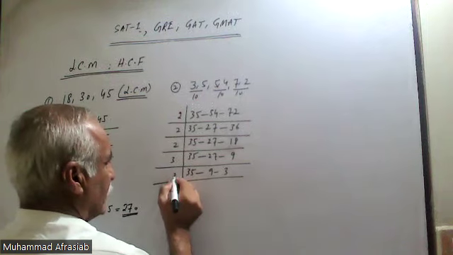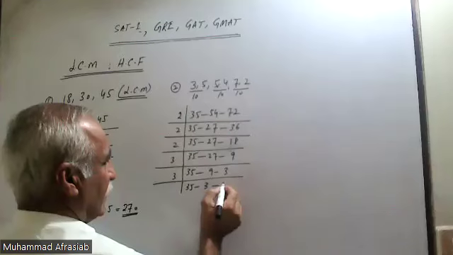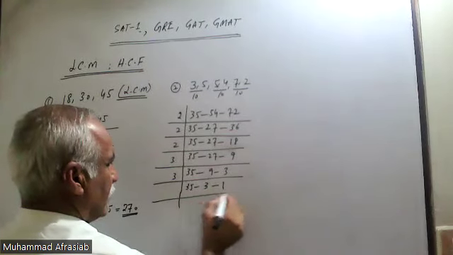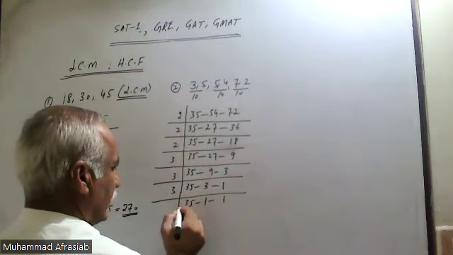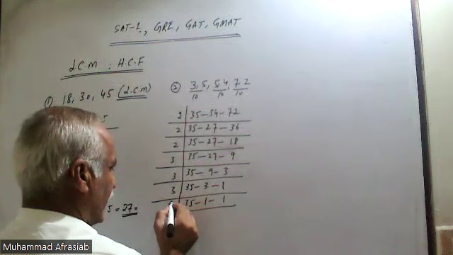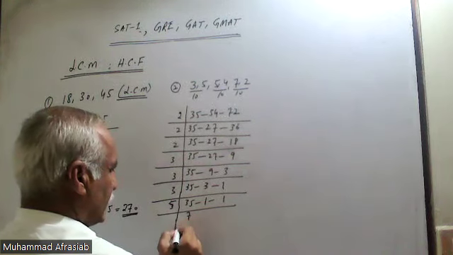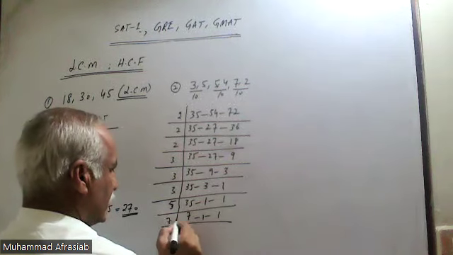Then by 3, 35, 3, 1. Then by 3, 35, 1, 1. Then by 5, 7, 1, 1, and then by 7.